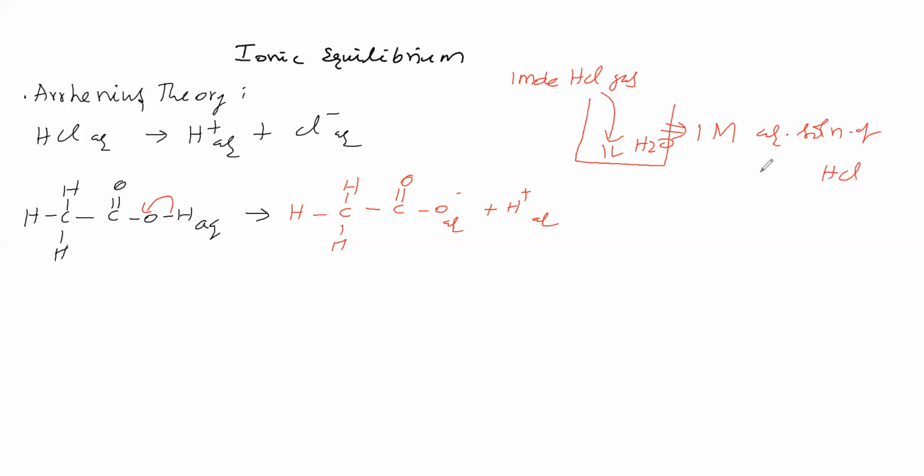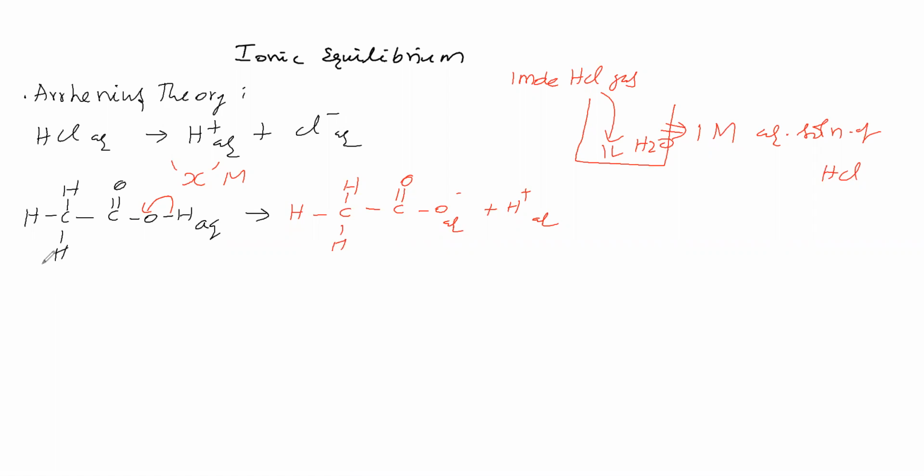Now, in this solution, what is the concentration of H plus? We take the concentration of H plus as X molar, because HCl is dissociating to give H plus ions.